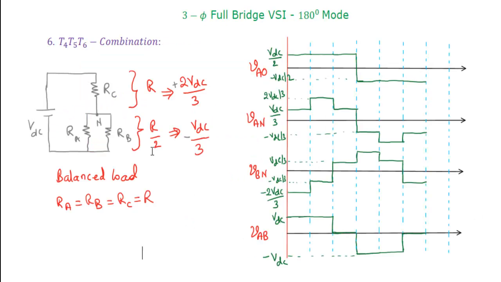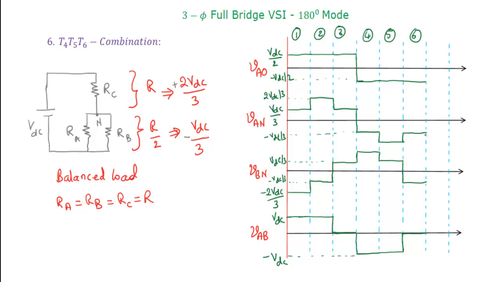Now voltages, yes, phase C alone will get the single voltage 2 VDC by 3 positive, phase A and phase B will be minus VDC by 3, and T4 is still in conduction, that's why pole voltage will be minus VDC by 2. Okay, so as we discussed, this is combination 1, combination 2, third combination, fourth combination, fifth combination, sixth combination.